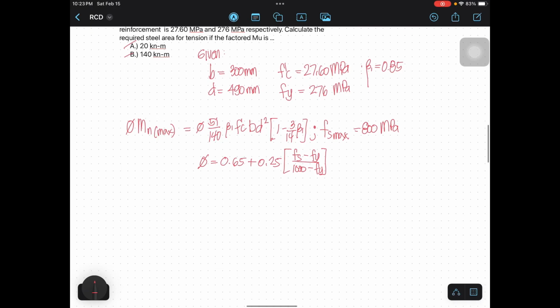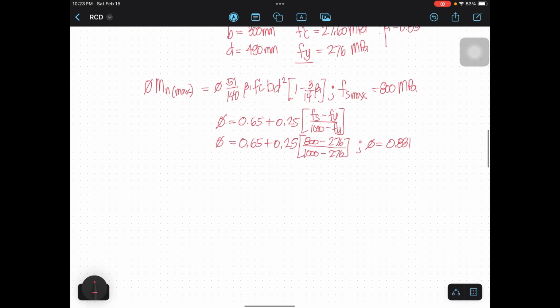So kapag sinubstitute natin ito, reduction factor is equals to 0.65 plus 0.25 multiplied by yung Fs max natin na 800 minus yield strength natin na 276, divide natin ng 1,000 minus 276 din. Therefore, yung reduction factor natin dito ay 0.831. So ito yung ating reduction factor.